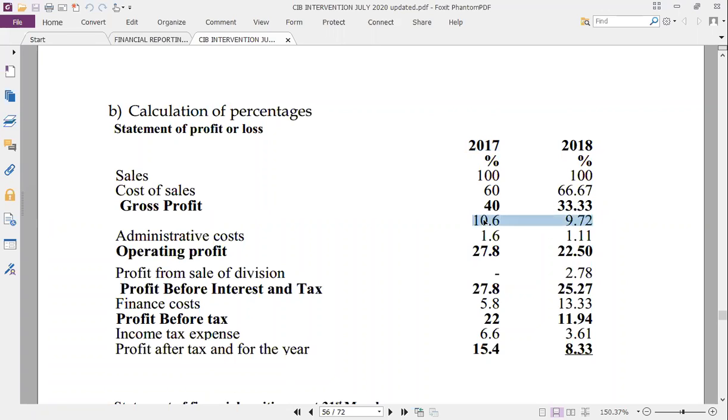Distribution costs represent 10.6% of sales, whilst admin is 1.6%, leaving an operating profit to sales ratio of 27.8.